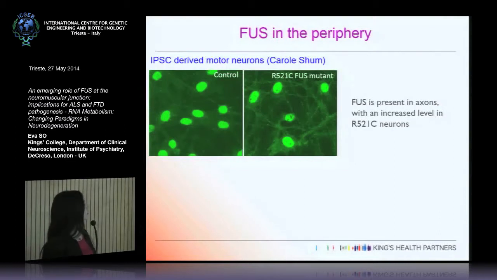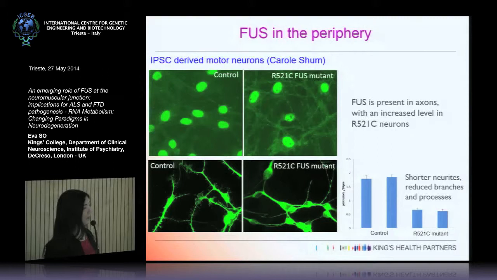She further characterized the dendritic aberration, and she found this dramatic loss of dendritic protrusions in these mutant motor neurons, with shorter neurites and reduced branches and processes.